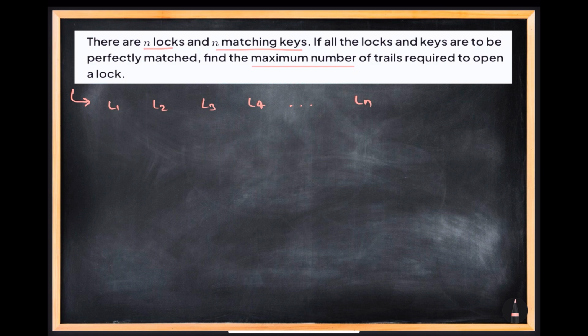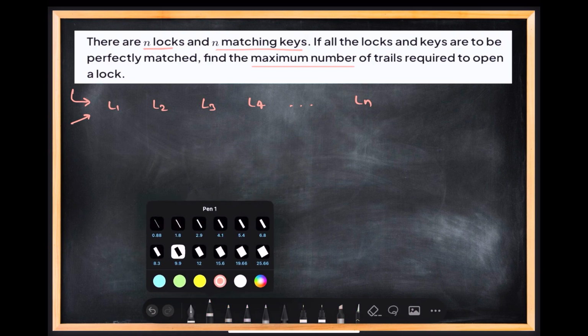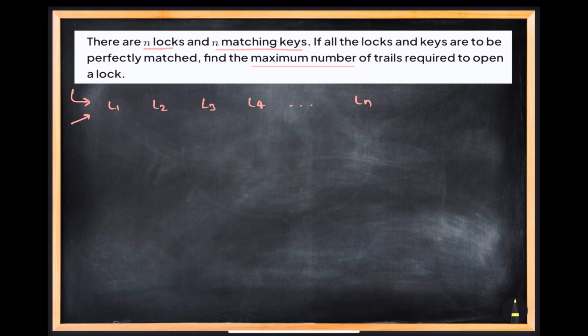Suppose that you are trying to open lock number L1. You know that in your bunch there are n keys, and you want to open L1 in the maximum number of trials. So you will make sure that L1 opens at the last trial.